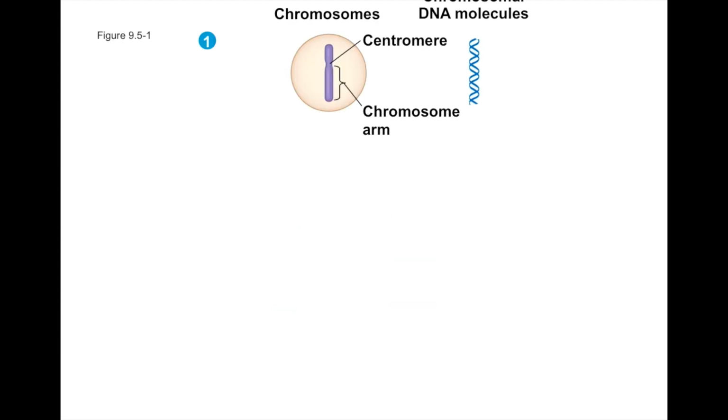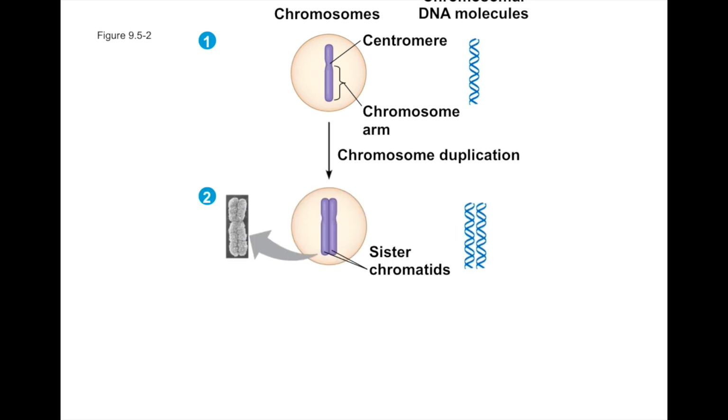So what would that look like in cell division? This would be, again, G1, where we have one chromosome that's not copied. And notice over here I just have one double helix. And then when I copy it, I have two sets of DNA and two sister chromatids, one chromosome.